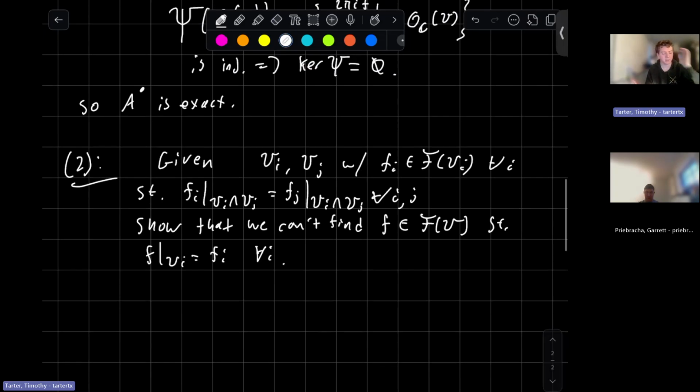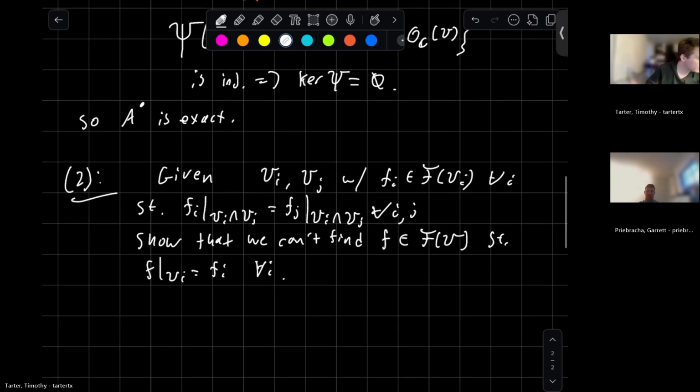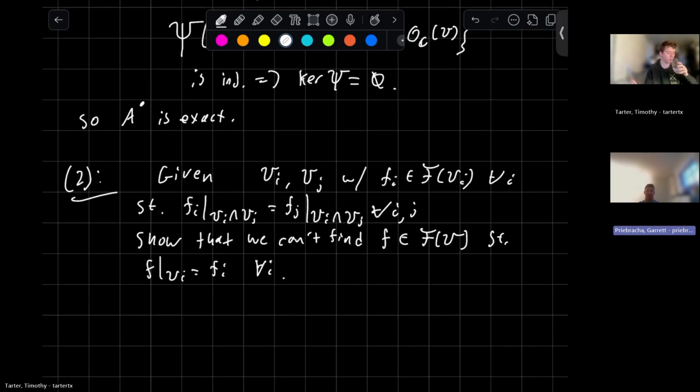So Garrett, do you have any ideas? I don't. Does it go off the fact that the smooth functions in C infinity over Z are the empty set? Like we can't find any?